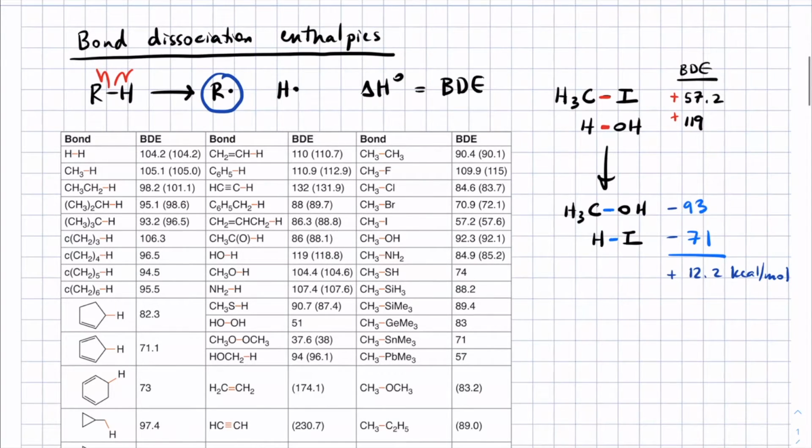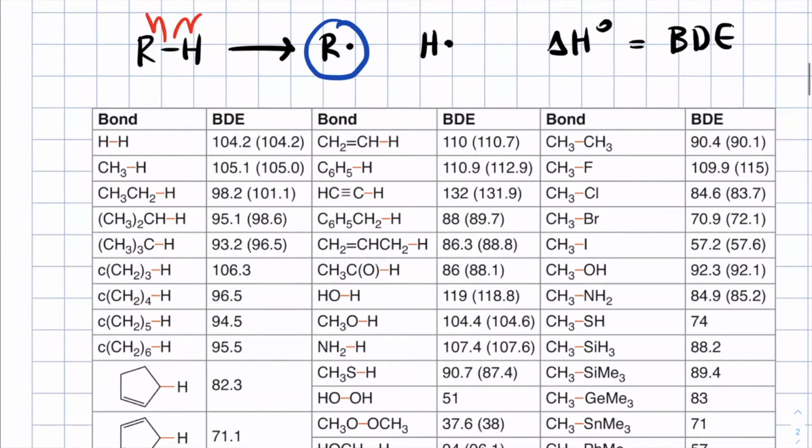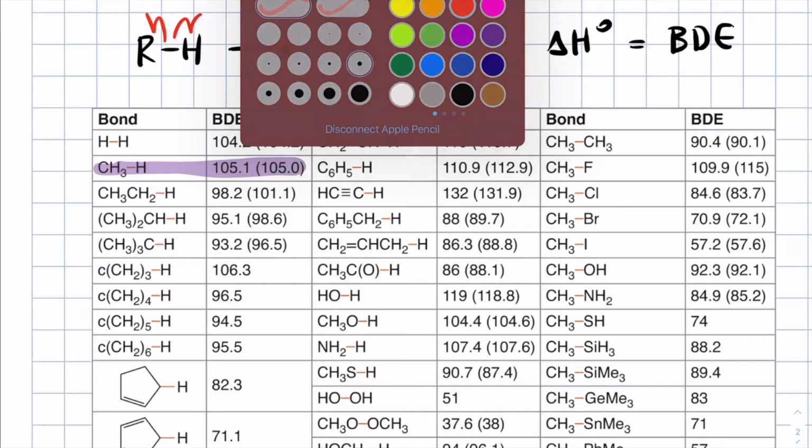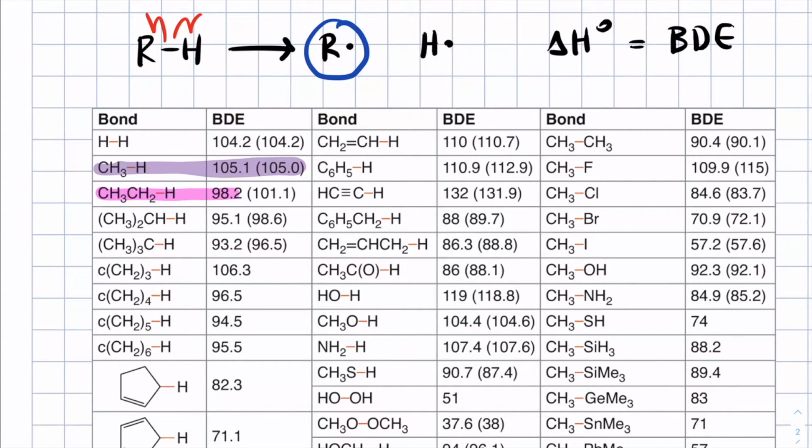For example, it is more uphill to go to methyl radical than it is to go to ethyl radical. Why is that? You might be tempted to conclude that it's because the ethyl radical is more stable than the methyl radical.